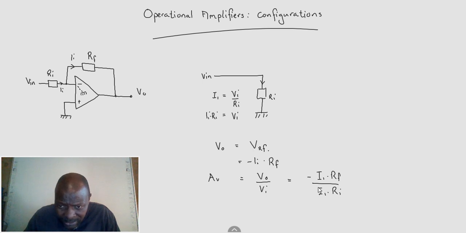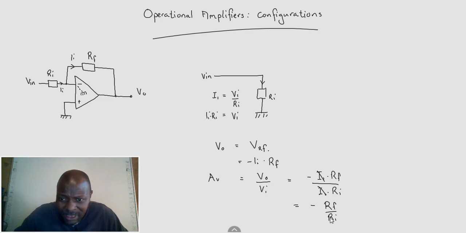These two being the same, our gain is basically the ratio of RF over R in. Obviously negative. Why? That simply means inverted, an inverted polarity. Remember, it's an inverting type. So there is our gain.